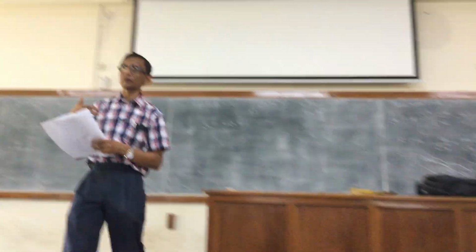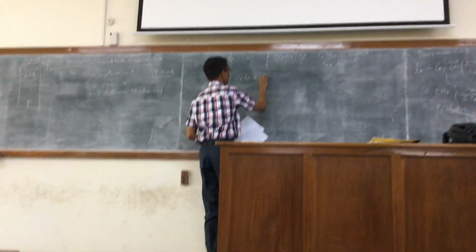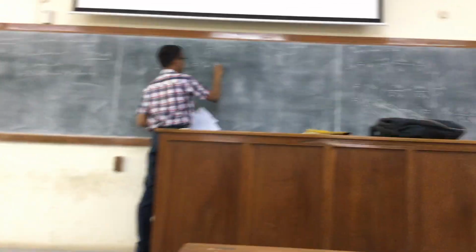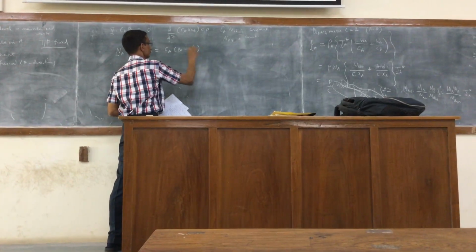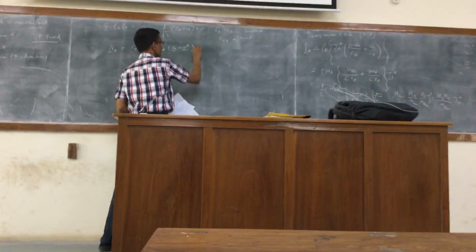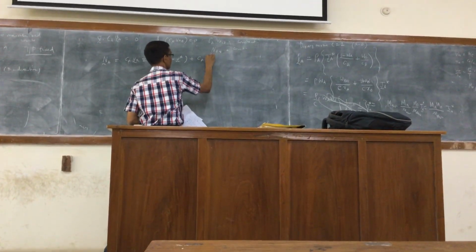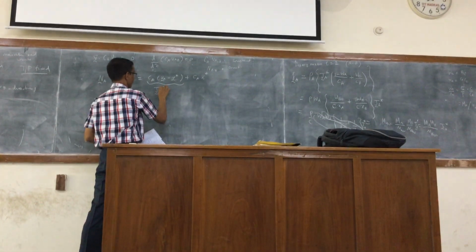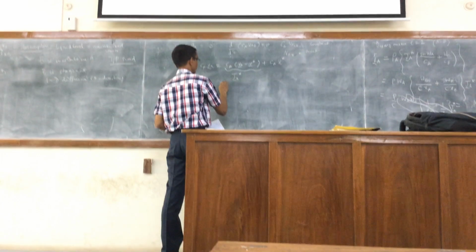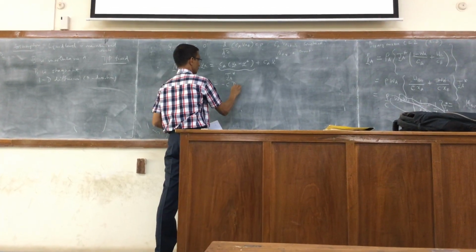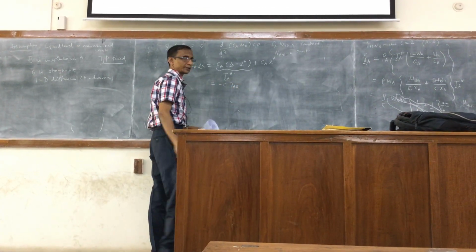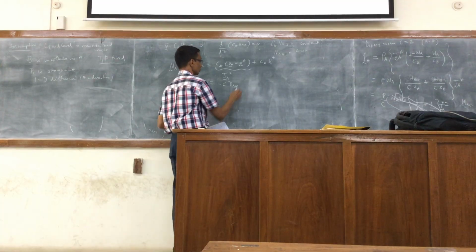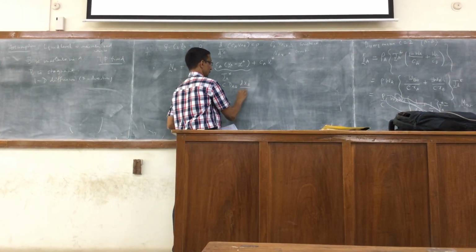Fick's first law, I have to write as CA times (vA minus v*) plus CA v*. So this is the J_A*. I am assuming that this is given by Fick's law, so this would be dXA/dz.